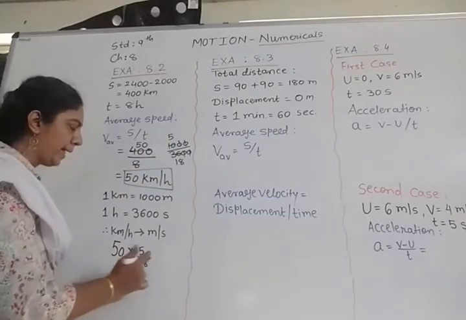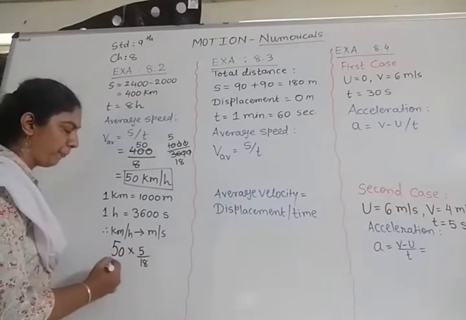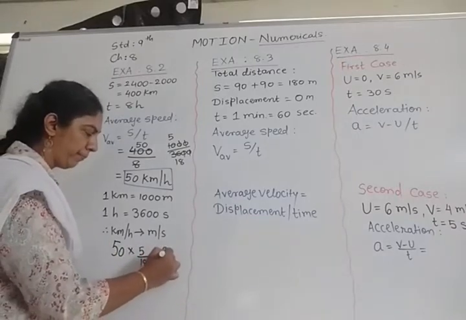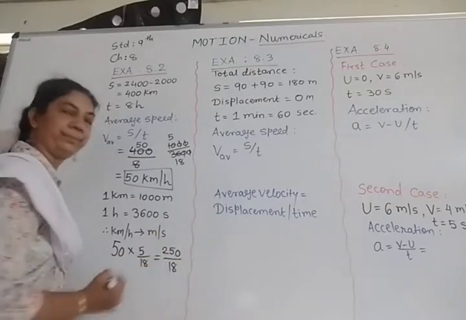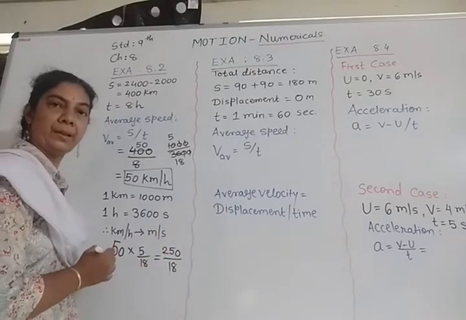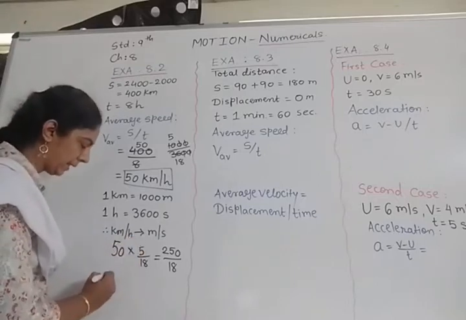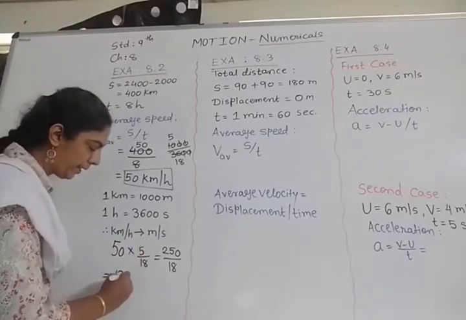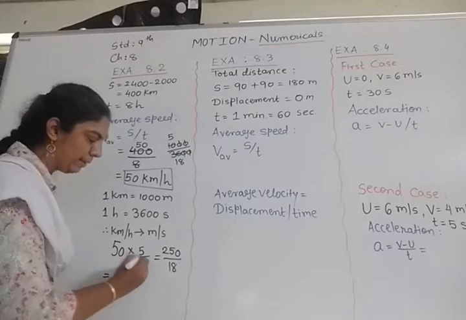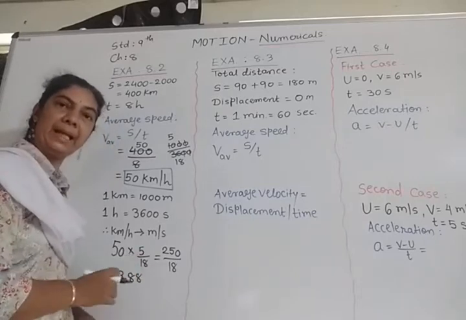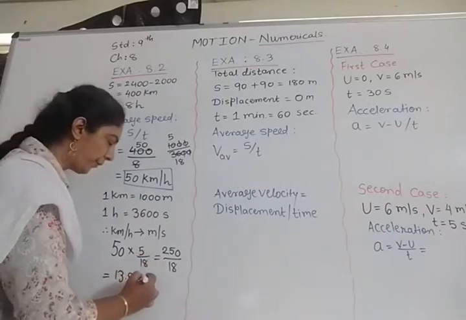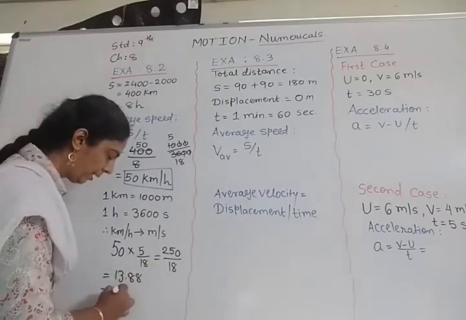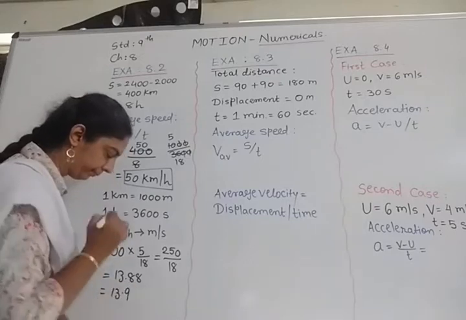So 5 by 18 multiplied by 50, I am getting 250 upon 18. Do the division, you will get the answer as 13.88, and as we are having 88 repeatedly, we can round off that as 13.9.